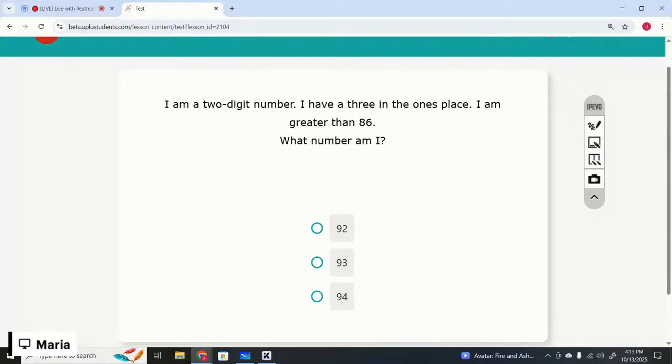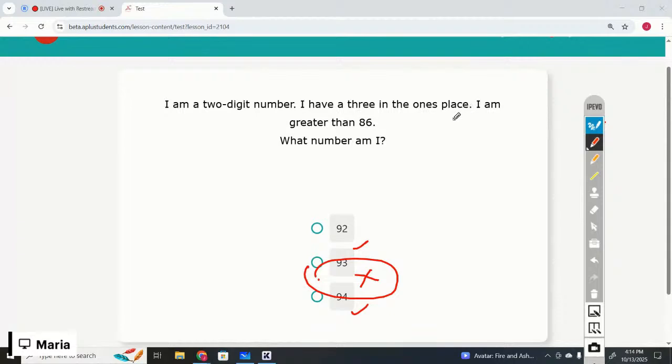I am a two digit number. I have 3 in the ones place. I am greater than 86. What number am I? Two digit number. I have a 3 at the ones place. I am greater than 86.